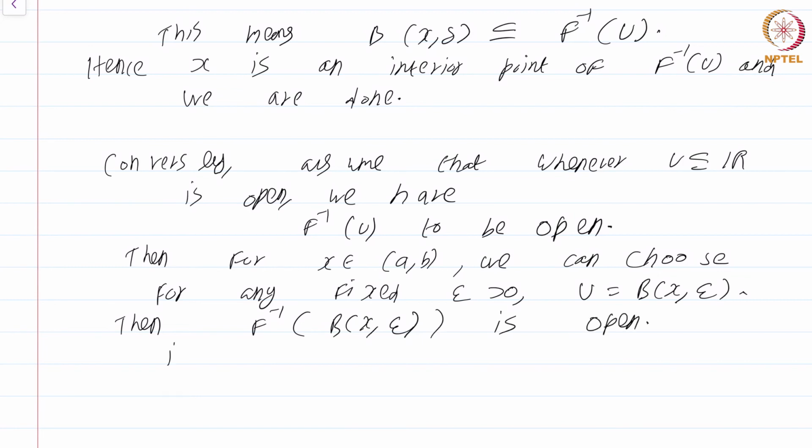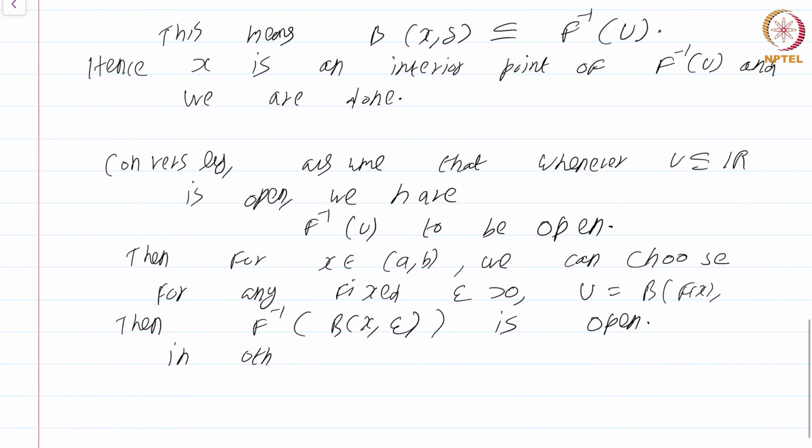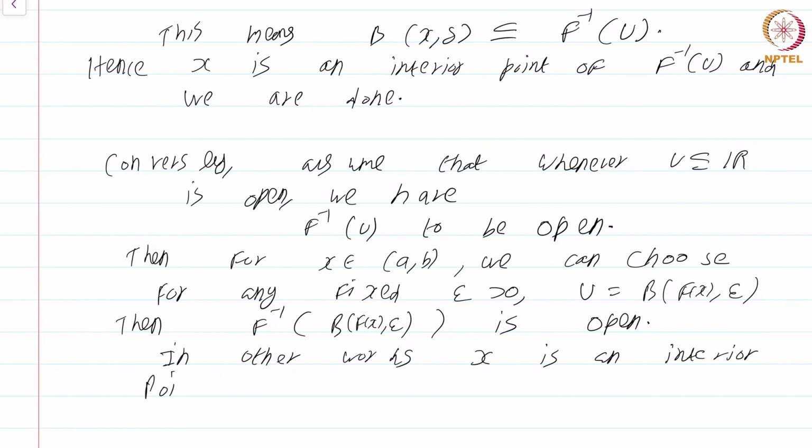In other words, sorry, not B(x, epsilon), sorry about this, B(f(x), epsilon). This has to be on the codomain side, not on the domain side. B(f(x), epsilon) is open. In other words, x is an interior point of f inverse B(f(x), epsilon).